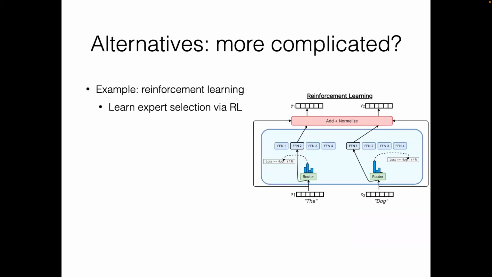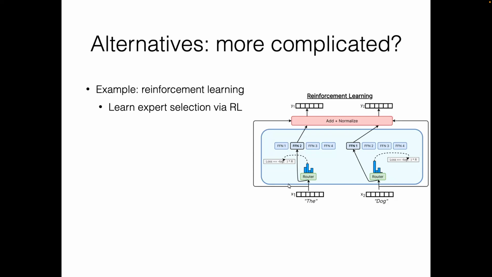The other extreme is you could try to go more complicated. A really natural thing to do if you think about this problem for a bit is reinforcement learning. Reinforcement learning, if you remember, gives you this way of potentially optimizing these non-differentiable decisions in your network or in a given problem.